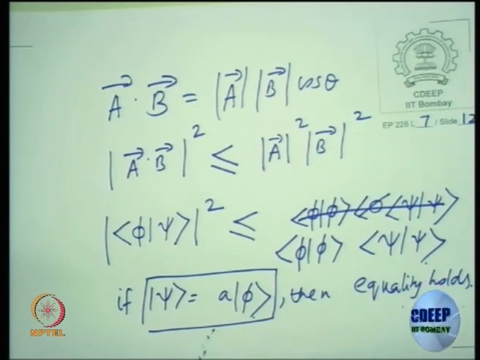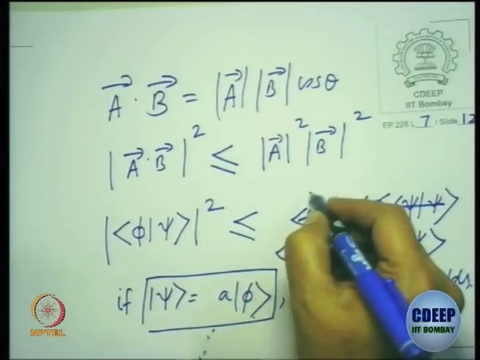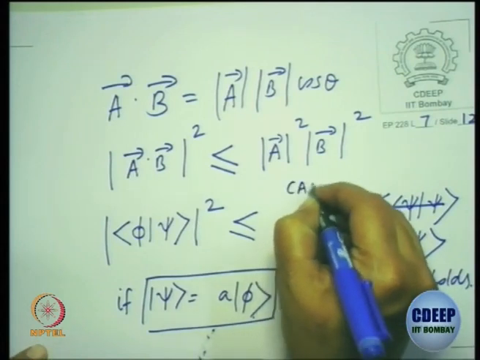It is linearly dependent. For such a linearly dependent situation, the equality will hold, and in general the inequality will be satisfied. So, this is what is called the Cauchy-Schwarz inequality.